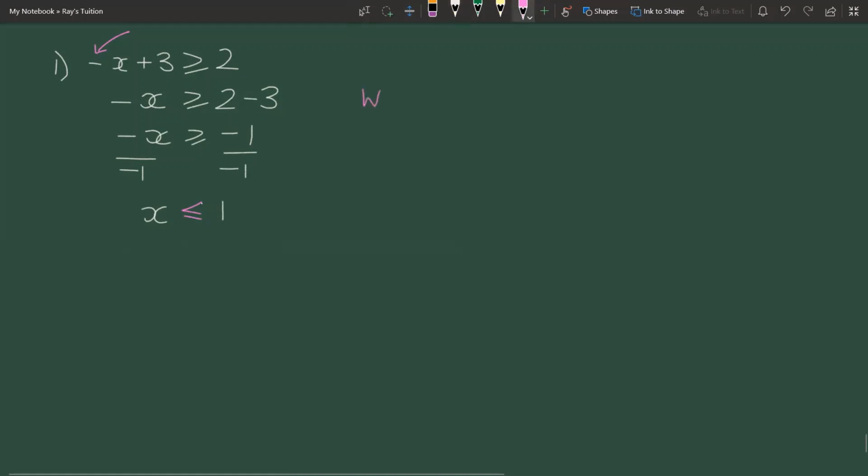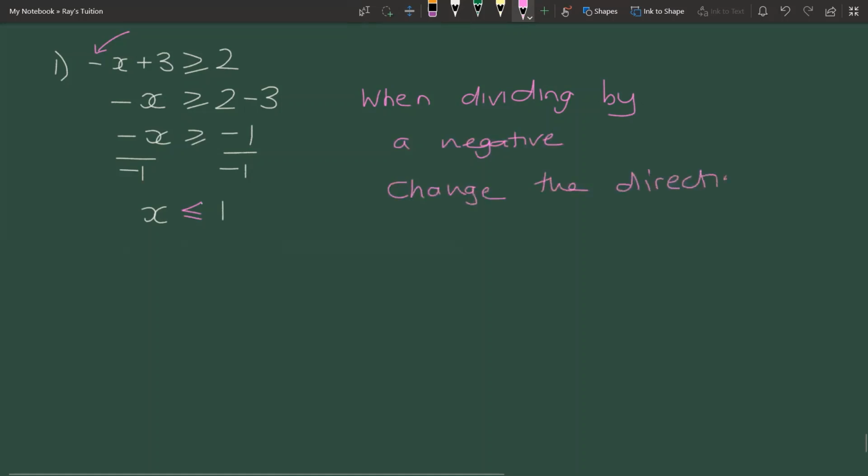So when you divide by a negative, this is very important, change the direction of the inequality. That is one of the big differences between an inequality and an equation: when we're dividing by a negative, we also have to swap the direction.